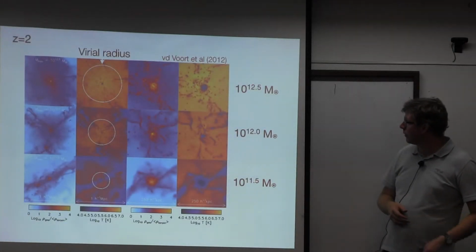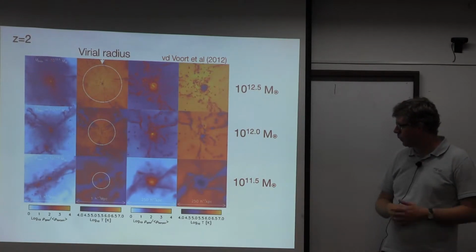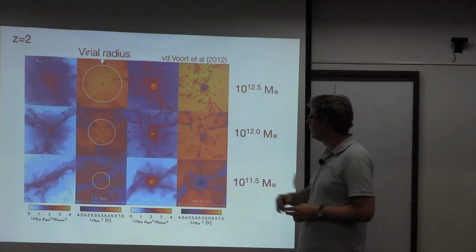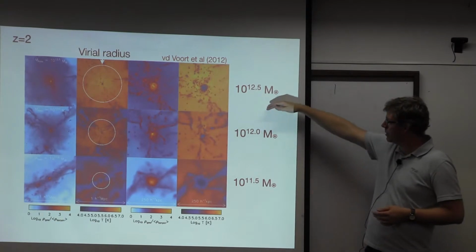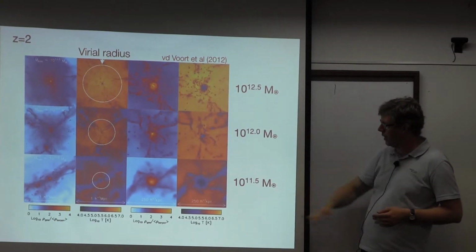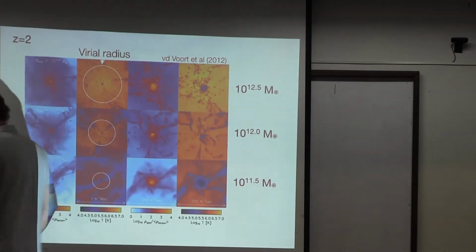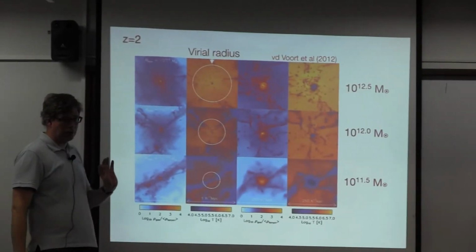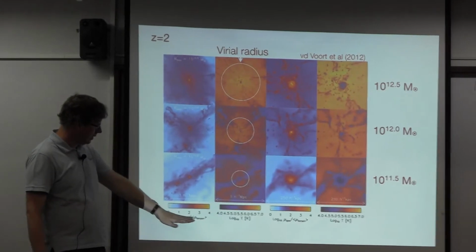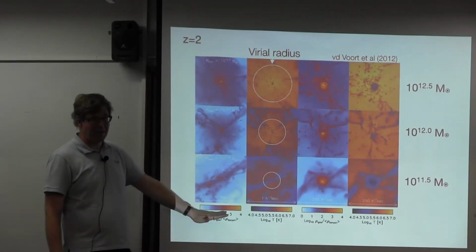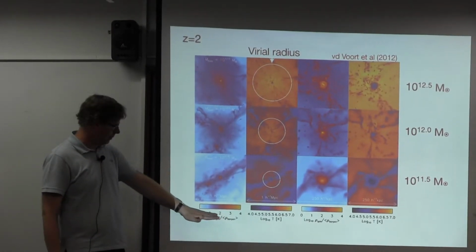So I showed this one yesterday, or part of this one, showing the difference between what happens in halos of different sizes, but now you understand a lot more of what's going on here. So first, what we're plotting here on this side is overdensity. It's density divided by the mean density.